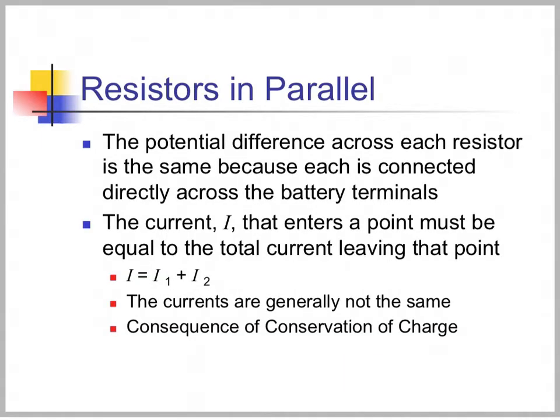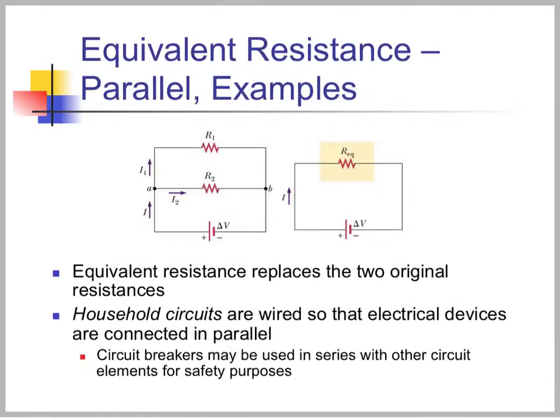Now, when I have resistors in parallel, we know the potential difference across each resistor is the same because they're both connected across that same battery. The total current that enters one side has to equal the total current going through all the resistors. The currents are generally not the same because I only have so much charge that I can distribute and so much charge going through each resistor as a function of time.